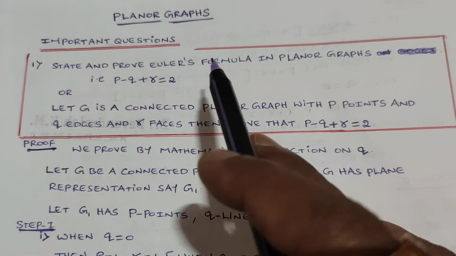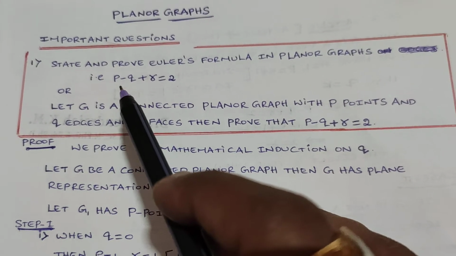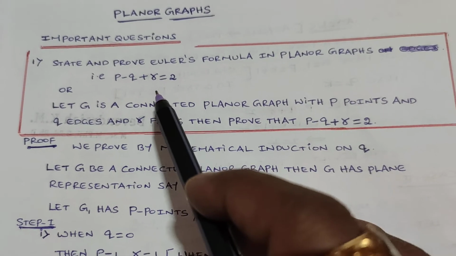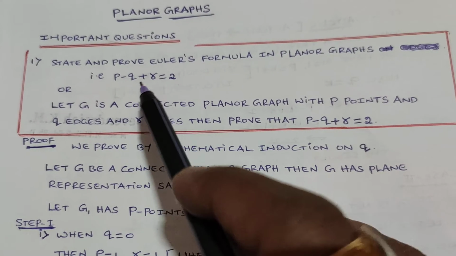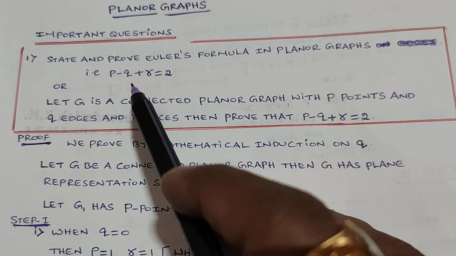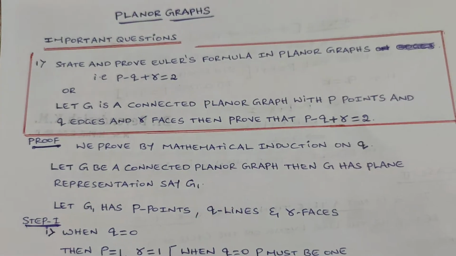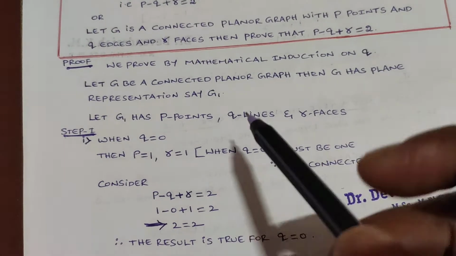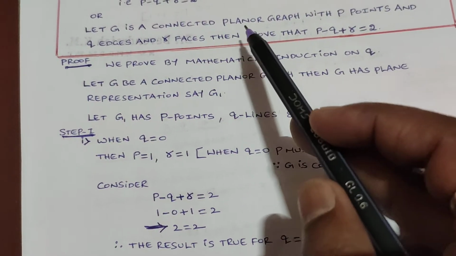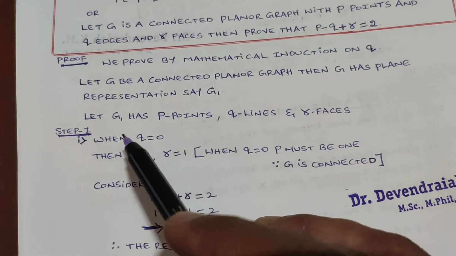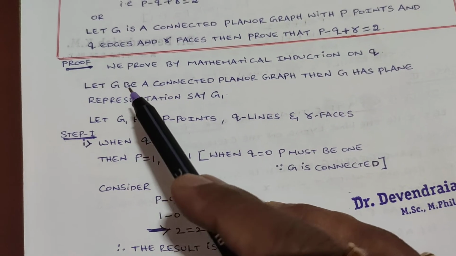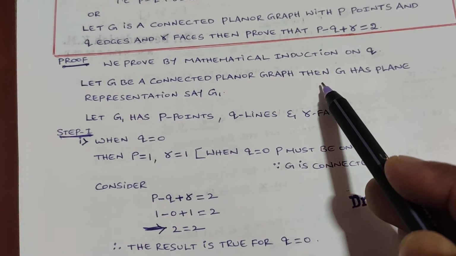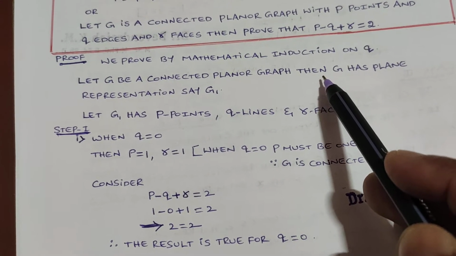After explaining the proof, we shall consider a graph, and by observing the number of vertices, edges and faces, let us check whether it satisfies the condition P minus Q plus R equals 2. Here in the statement itself we have a connected planar graph. Therefore, let G be a connected planar graph.